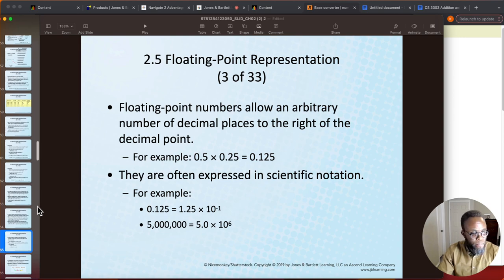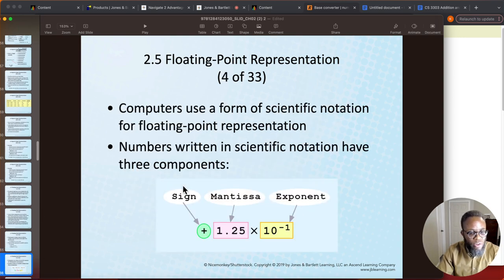Now, the way floating point numbers are represented in computer systems, there are 3 parts. There is the sign: 1 bit is reserved for the sign. There's a number of bits reserved for what is called the mantissa. And there's also a number of bits reserved for the exponent.